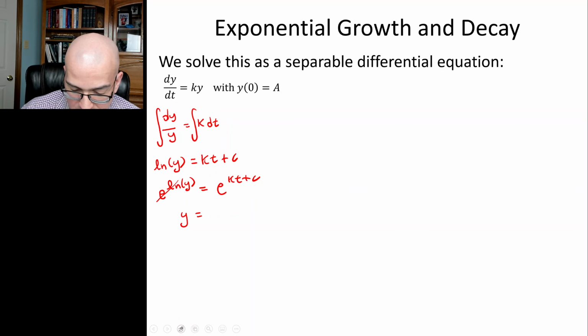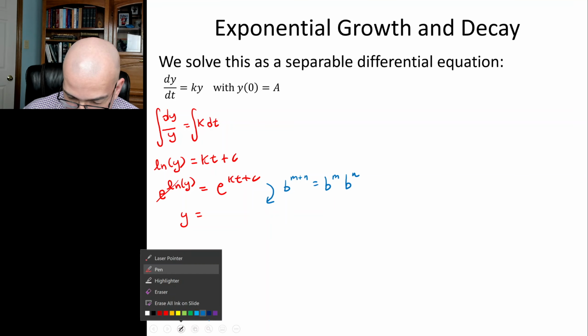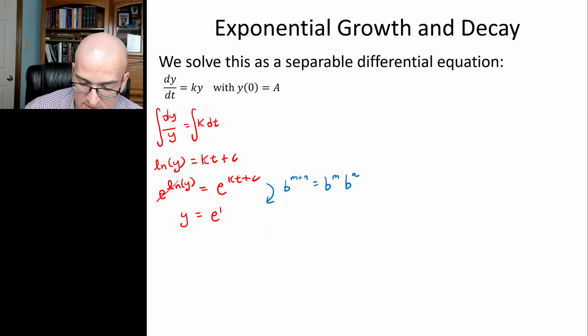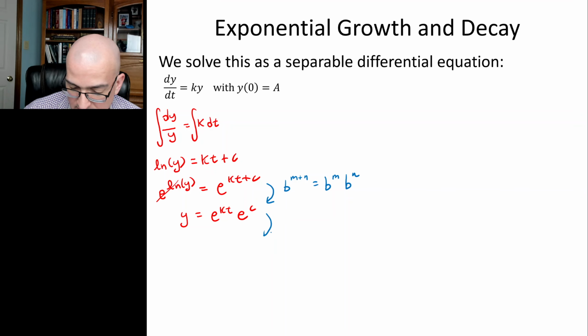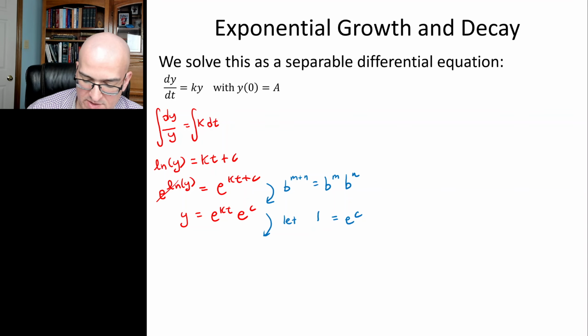Now the next thing I'm going to do is use an exponent law: b to the m plus n is b to the m times b to the n. So y is equal to e to the kt times e to the c. Now the next line, I'm going to let d equal e to the c.